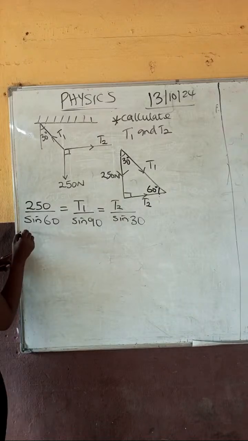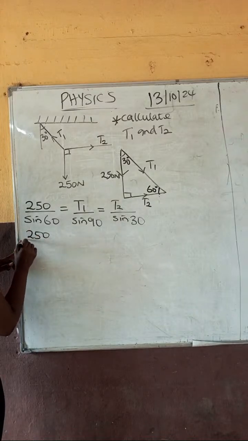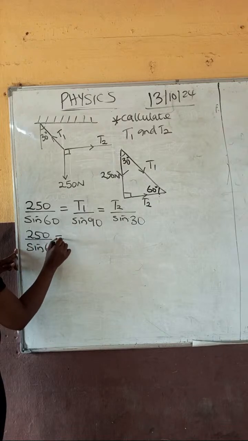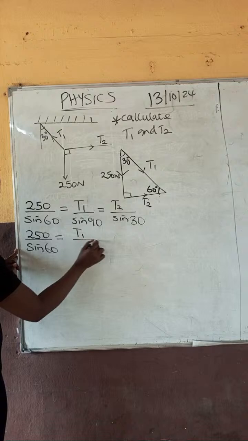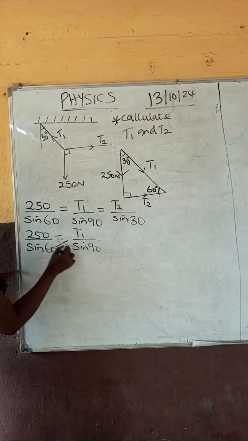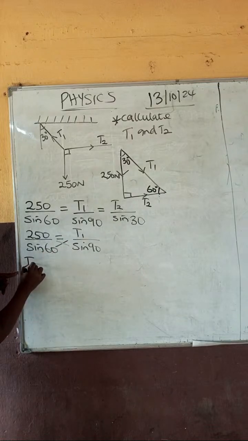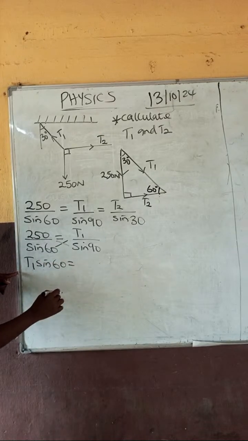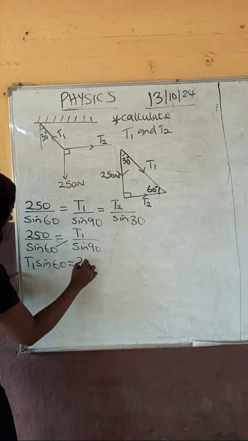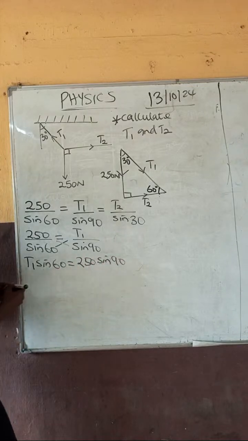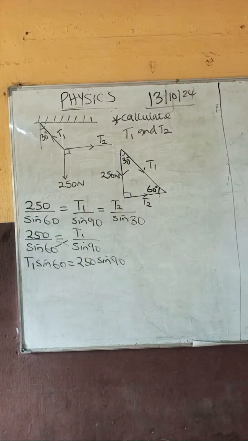So let's go. 250 over sine 60 is equals to T1 over sine 90. Now we do cross multiply. So I have T1 sine 60 is equals to 250 sine 90. Right?